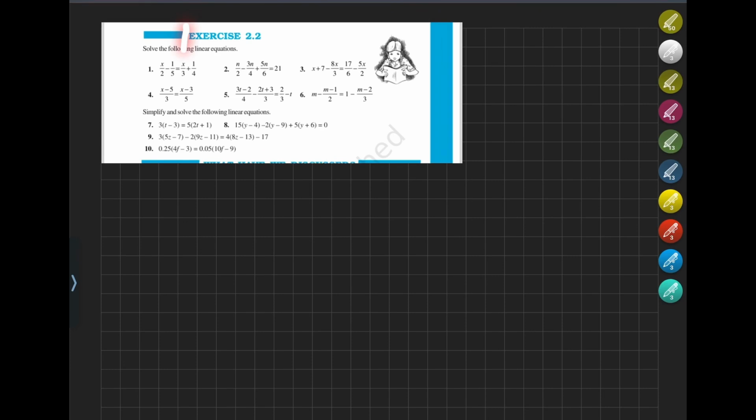Now let us start with exercise 2.2 of linear equation in one variable. The first question is x by 2 minus 1 by 5 is equal to x by 3 plus 1 by 4.